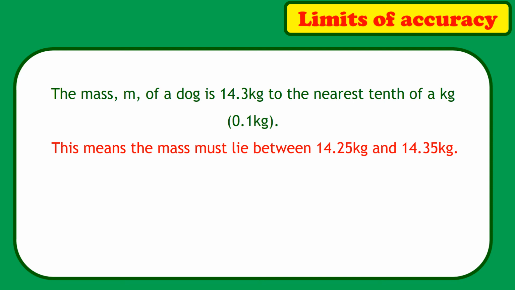So a mass in between those two values, 14.25 and 14.35, if we rounded it to the nearest tenth of a kilogram, would give you 14.3.